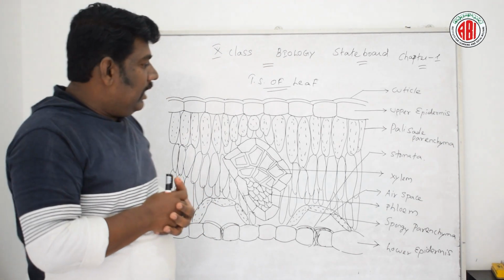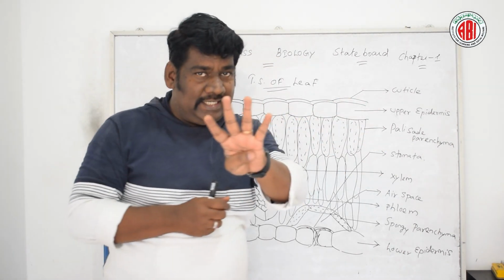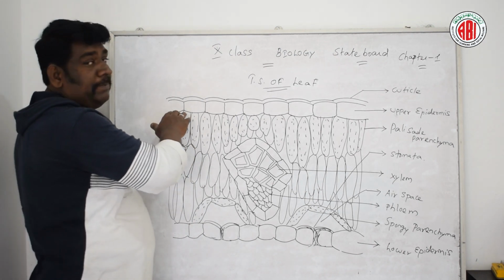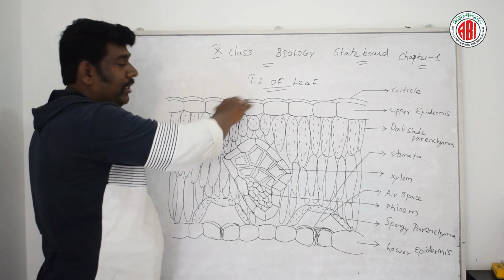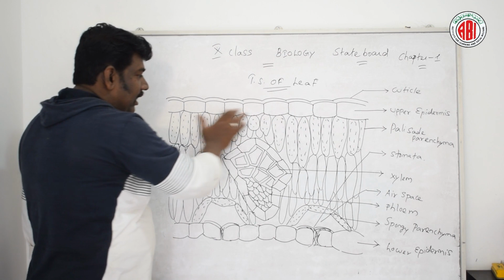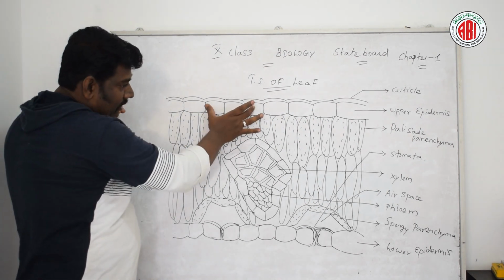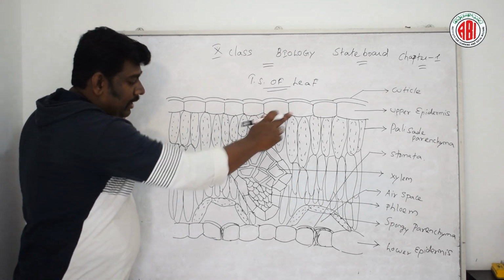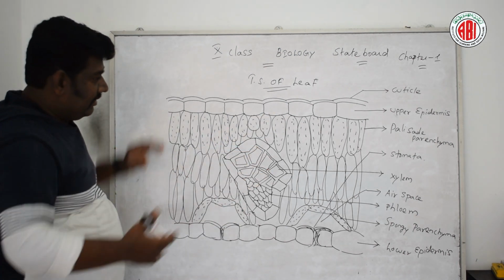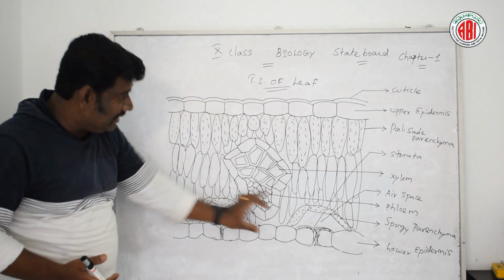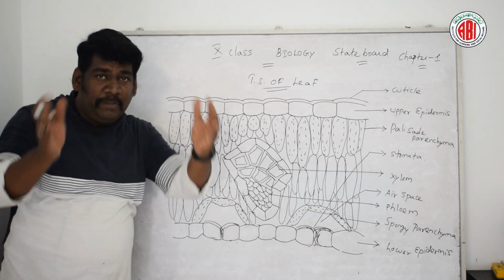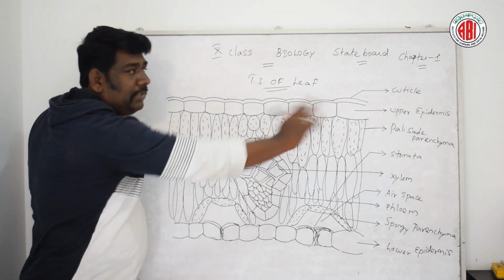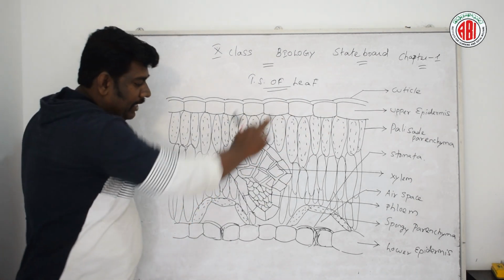Now, the most important labeling present on the upper epidermal layer. You can see the top layer and the bottom layer; here the cells are uniformly placed, a uniform structure like bricks in a building. These uniform structures are nothing but the epidermal layers, upper and lower.